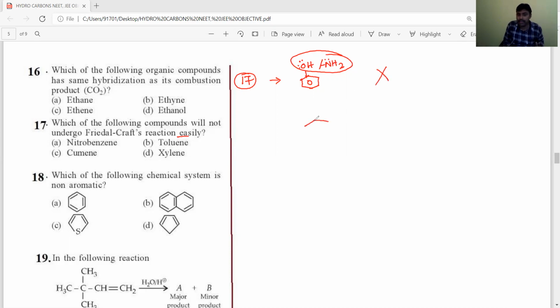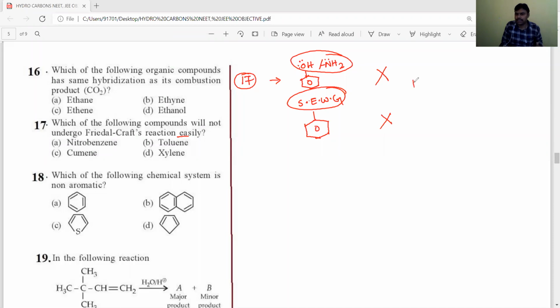In the same way, if the benzene ring has strong electron withdrawing groups, then Friedel-Crafts alkylation or acylation reactions are not possible.